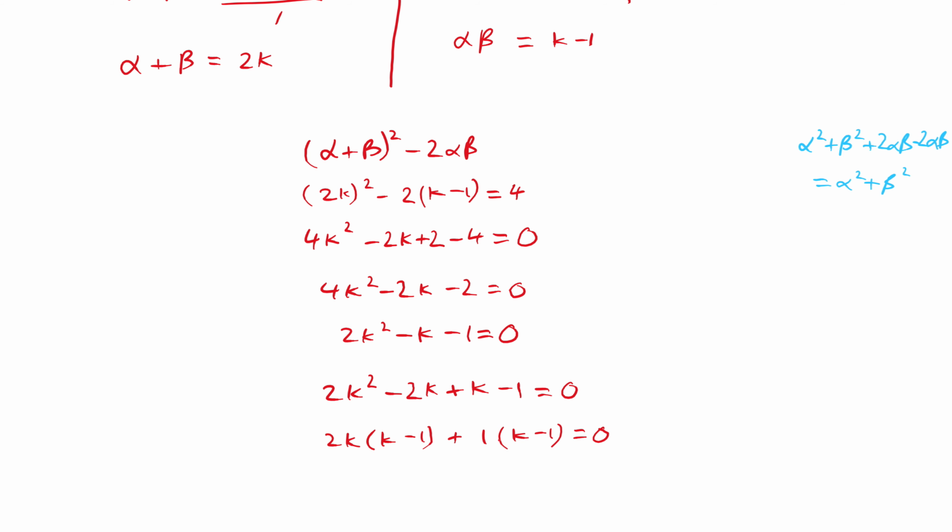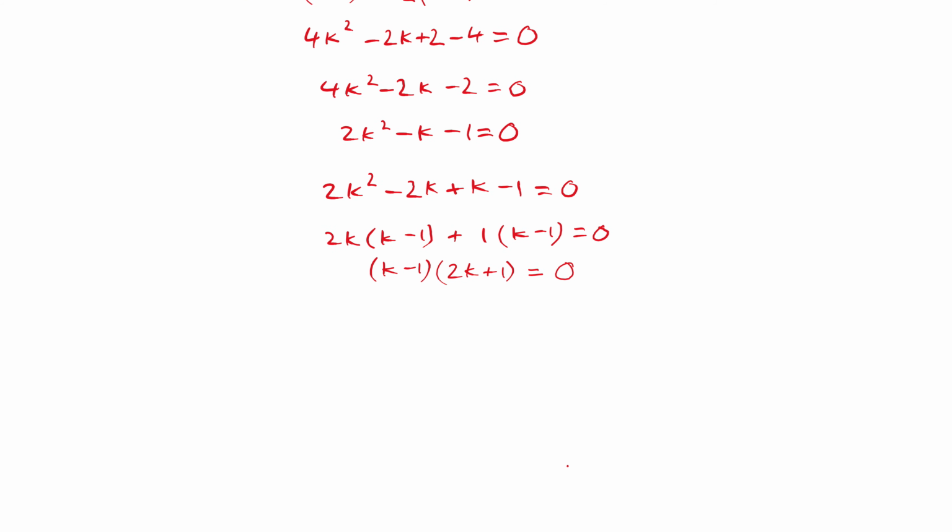So I can take k minus 1 common from both the expressions. So we have k minus 1 times 2k plus 1 equal to 0. Now we can use the null factor law to solve for the values of k. So either k minus 1 can equal 0 or 2k plus 1 can equal 0.